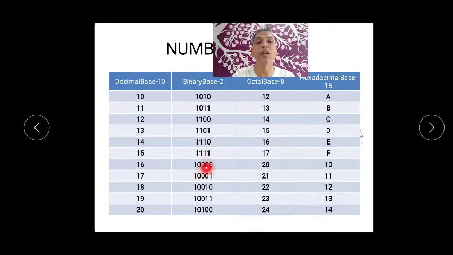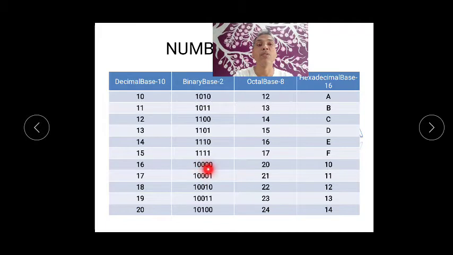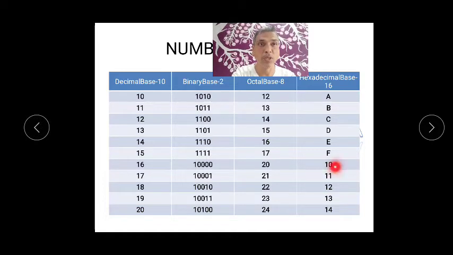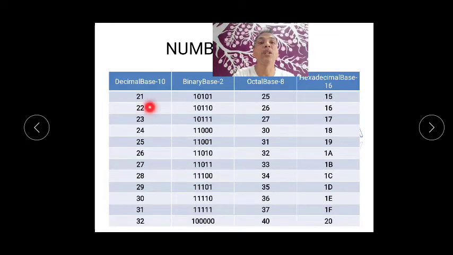I hope you understand, there are 4 zeros and 1 one, so there are 5 bits. So 16 will be 1 and 4 zeros, and in octal it will be 20, and in hexadecimal it will be 1 0 again, because the way you get the reading in meters, the same way you get the representation here also. So I hope you understood till here.